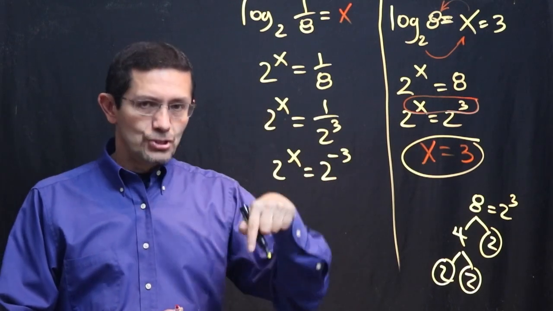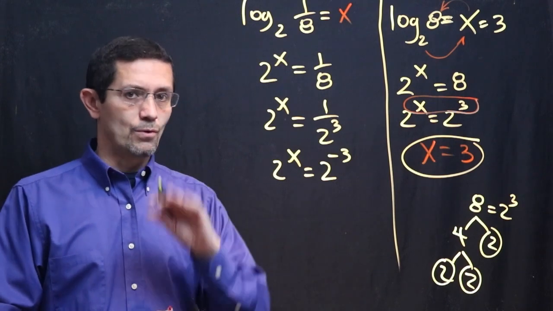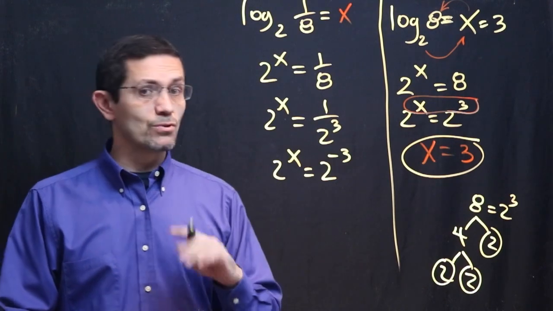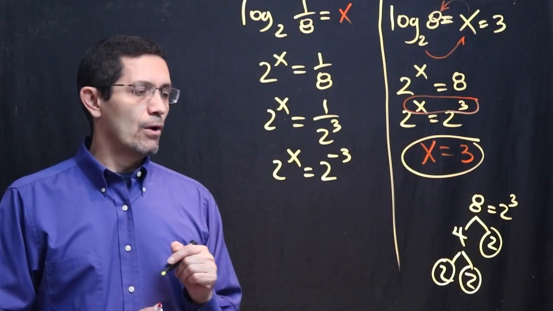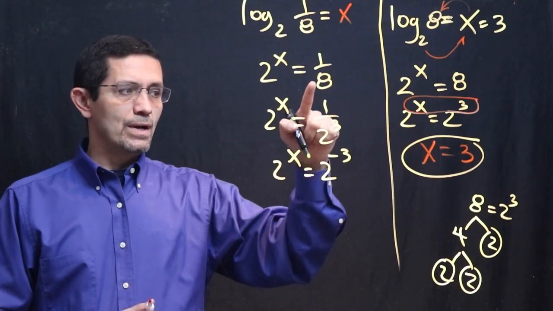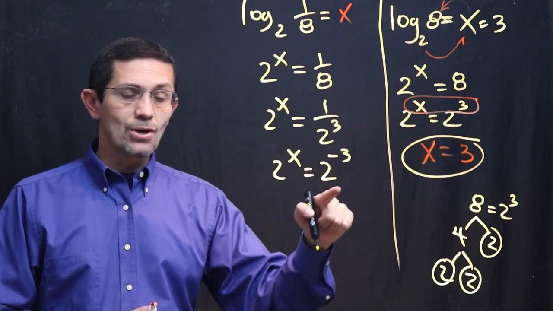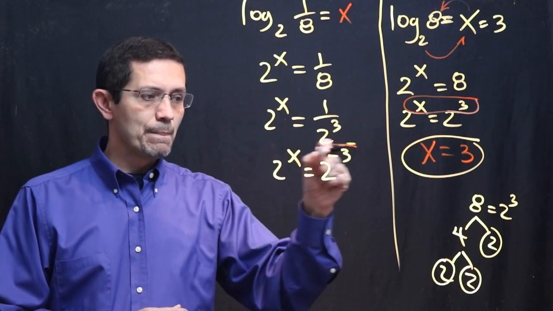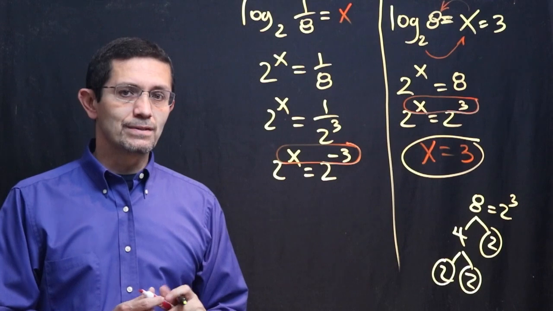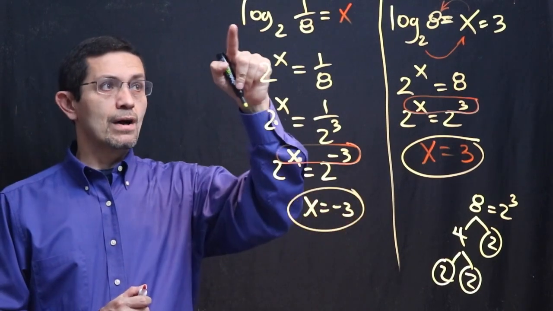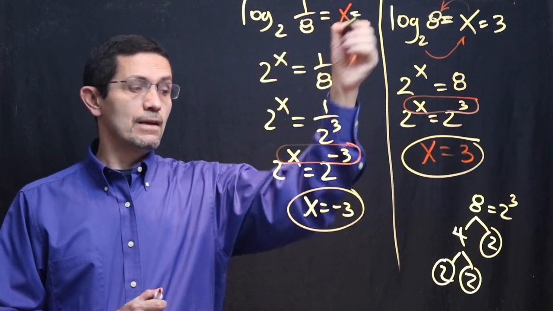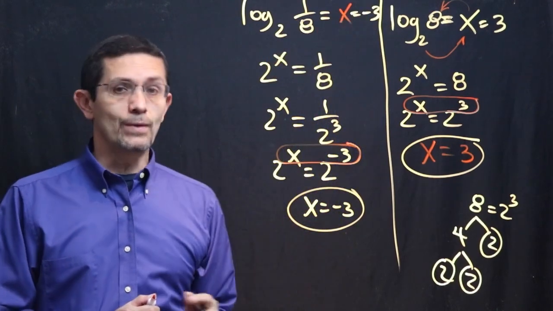Please check the video in the description for all my exponentials, where I explain all the properties of exponents. Go over it, make sure. Okay, so again, that went up to the numerator, and now my bases are the same. If the bases are the same, exponents are the same. Therefore, my x equals -3. So log on base 2 of 1/8 equals -3.